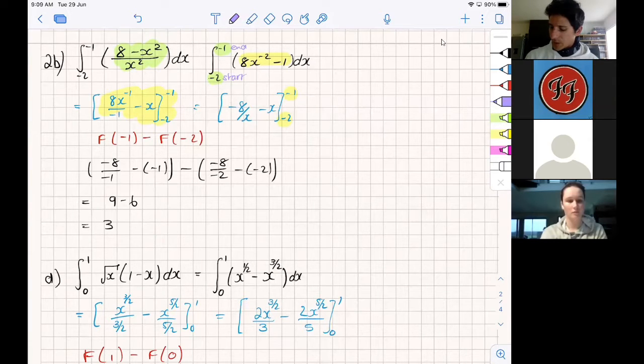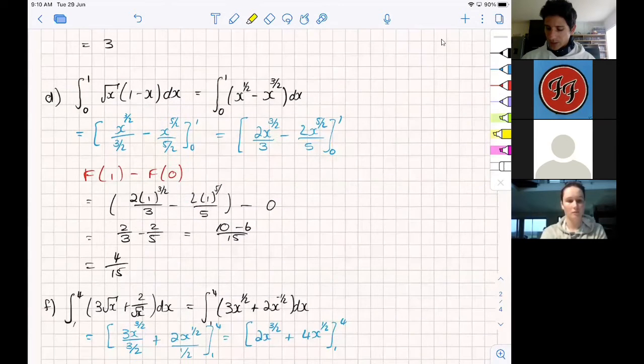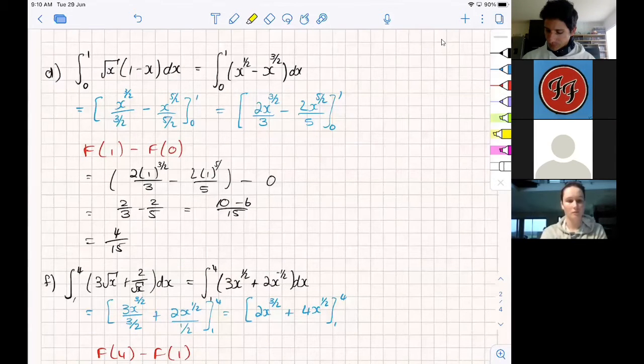This is the end, and this is the start. So we put our end values as all these -1s, and my start value is all these -2s. That would have given you an answer of 3. Again, guys, shout if you are not following or understanding, and I will slow down.